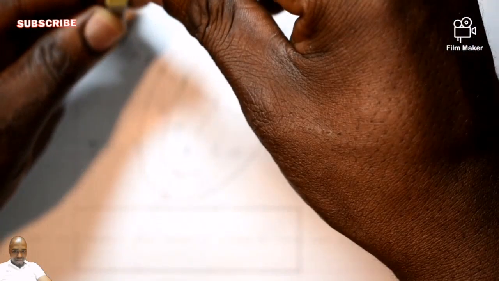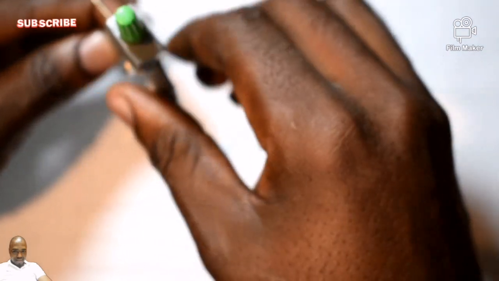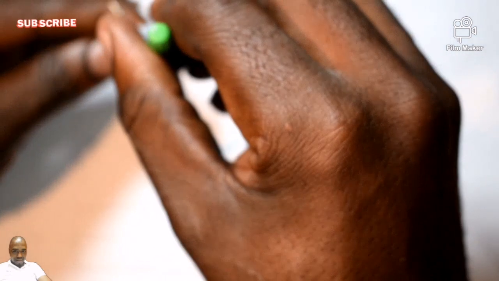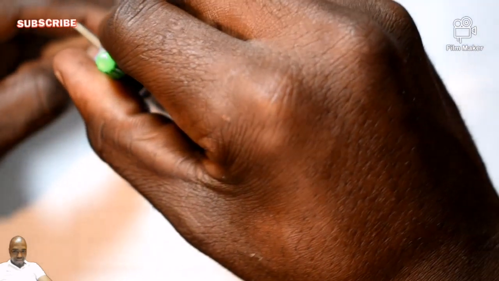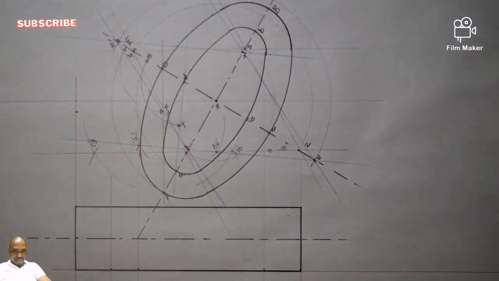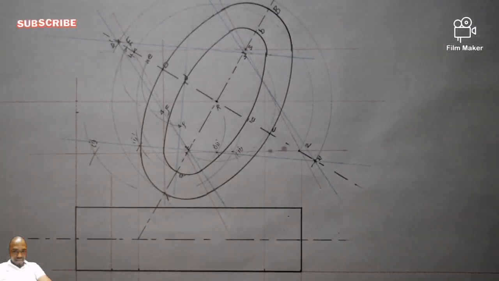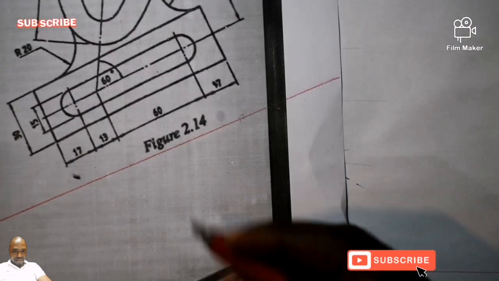Point C. Close it a little bit. Yes. Now I can draw. There you go. You understand? Then once I'm at such an extent, what is going to happen now? Let me come and see and solve this one.